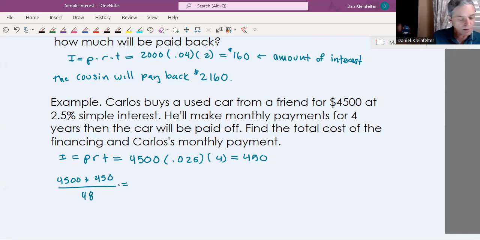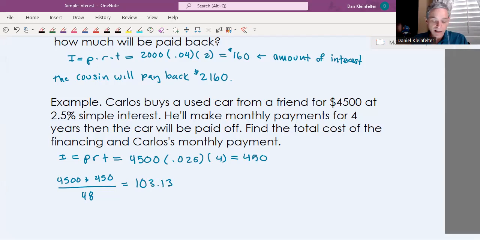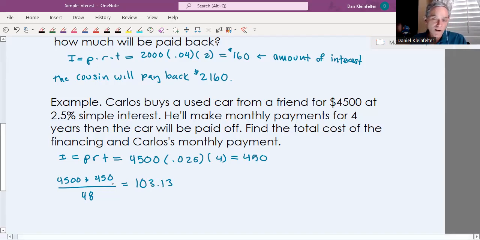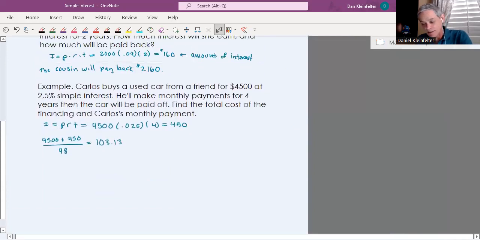All right, so it's going to be about $103.13. Okay, that is going to be the size of Carlos's payment. And here what we've done is we've taken that $450 in interest and added a little bit to each of his 48 payments. Okay, all right, so that's that example.